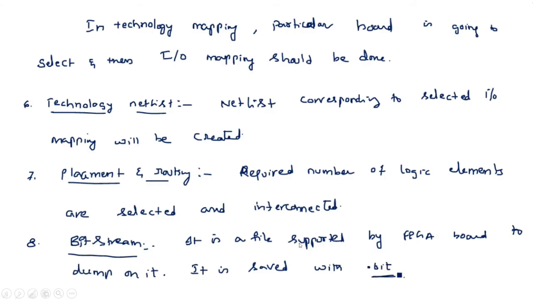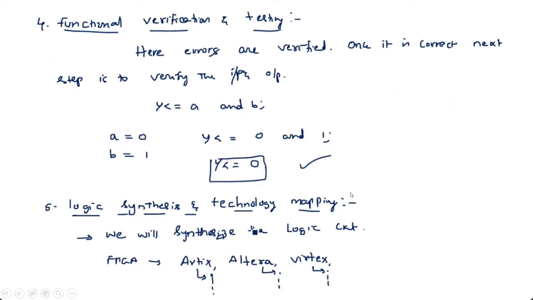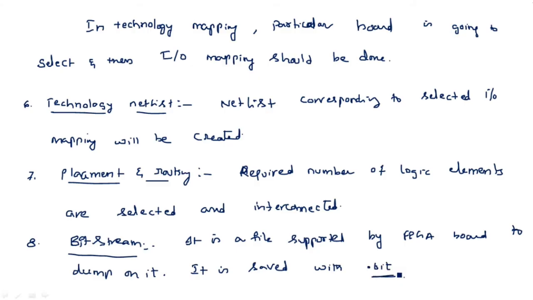In technology mapping, a particular board is selected, and then IO mapping should be done, as I told you. So in technology mapping, we select the board, and based on that board, we map the IOs. And the technology netlist means the netlist corresponding to the selected input mapping will be created.